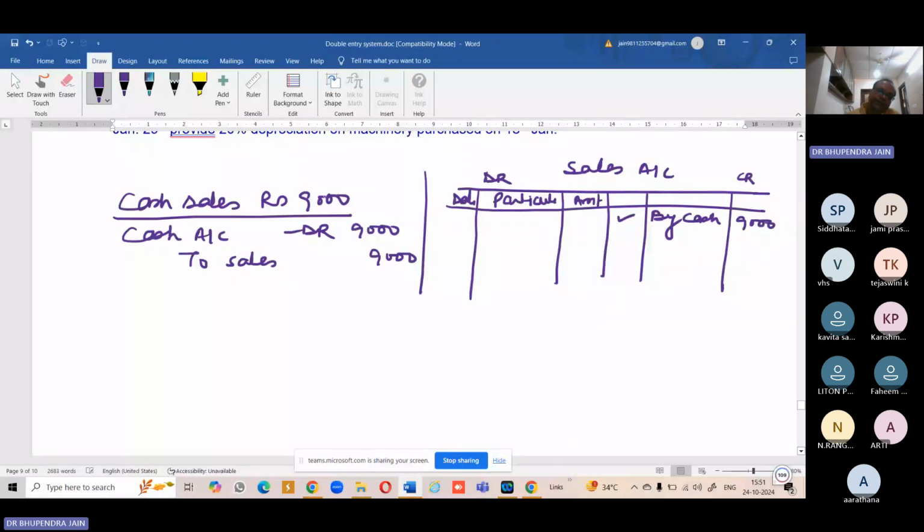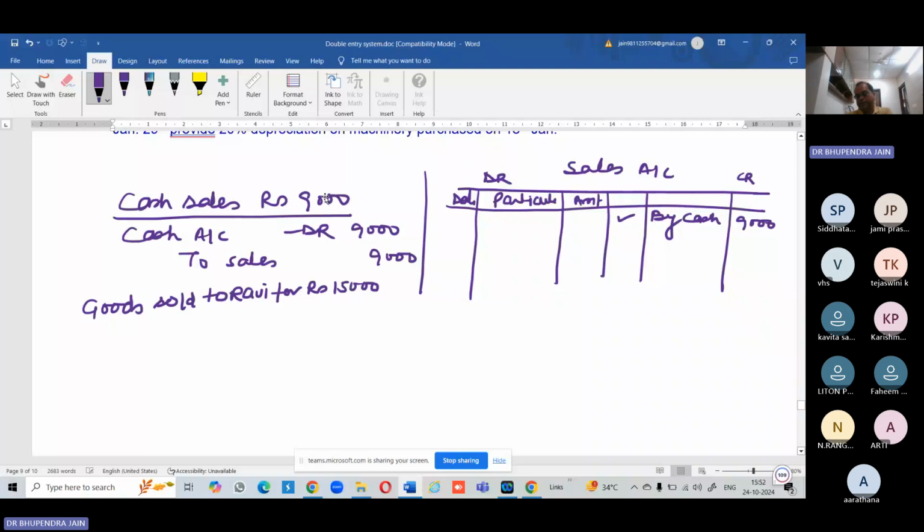One more entry. Just example. Goods sold to Ravi for rupees 15,000.